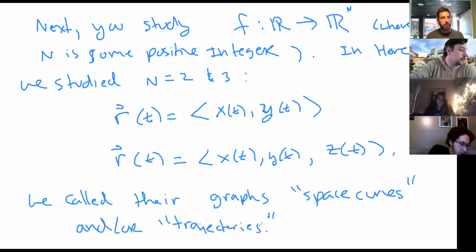So this is, again, we studied this in the case of 2 and 3, the output. What you're seeing here is the input is a number and the output is a vector, either in 2 or 3 dimensions.